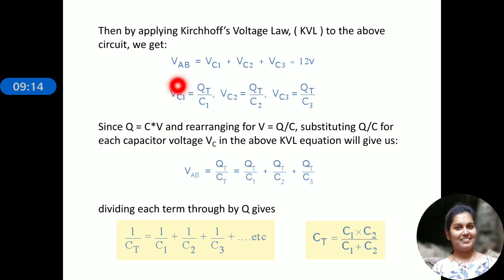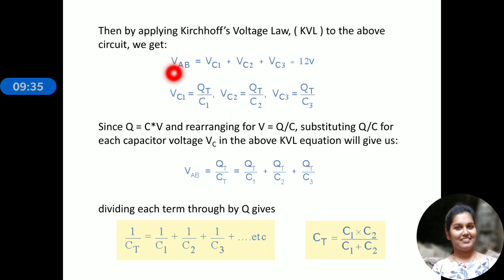capacitor C1 is written as, we already got to know an expression between voltage, charge and capacitance, right? So voltage will be equal to charge by capacitance, right? So in the previous videos we have discussed this point.